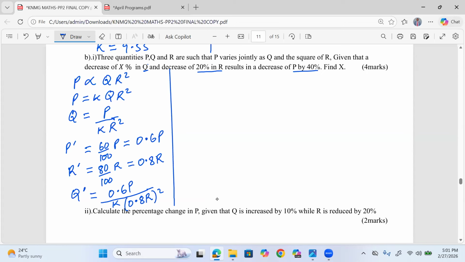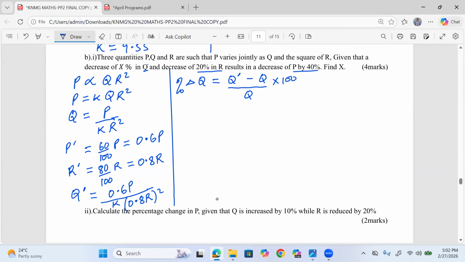Percentage change in Q will be given by the new Q minus the original Q out of the original, and we multiply by 100. Yeah, it should be the new minus original over the original.